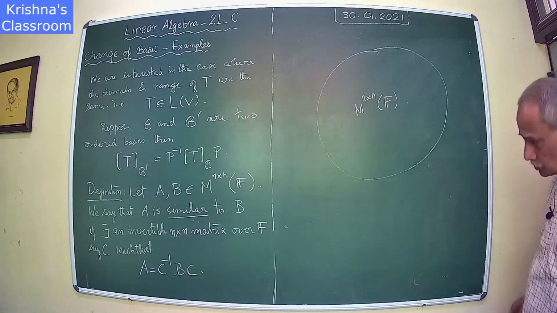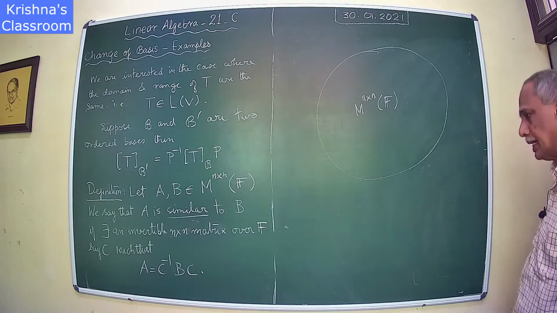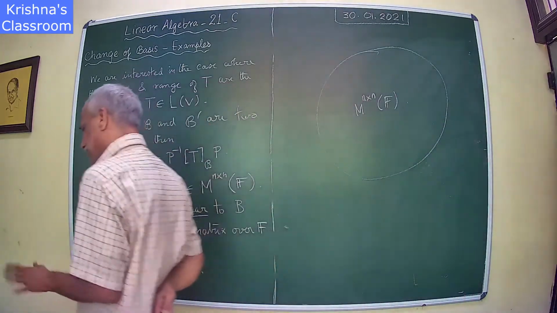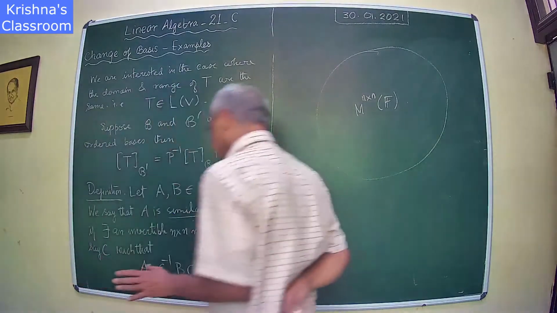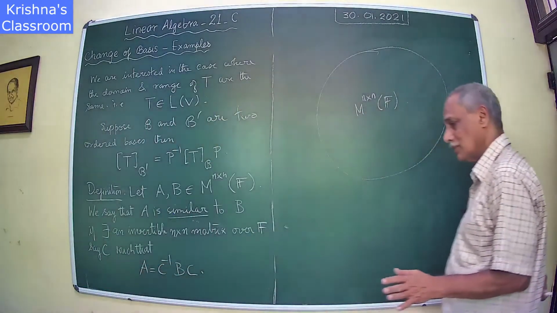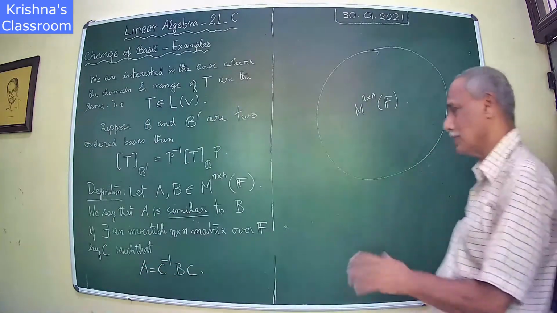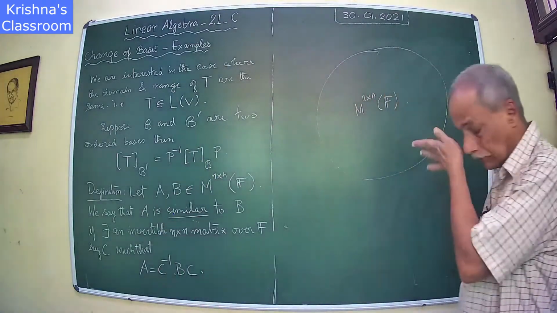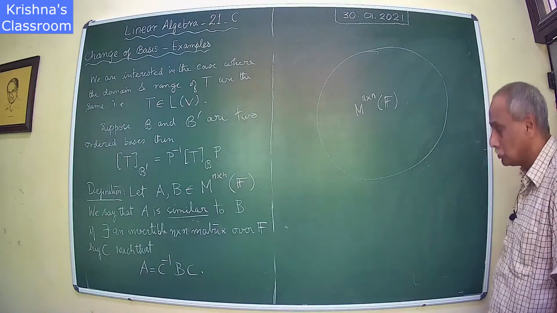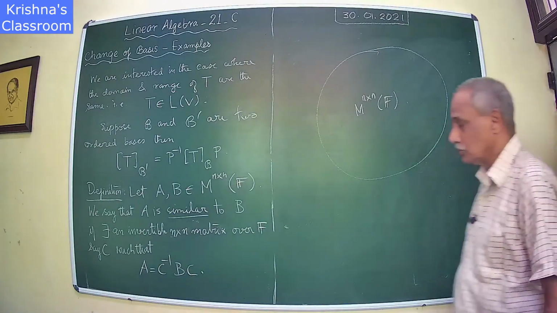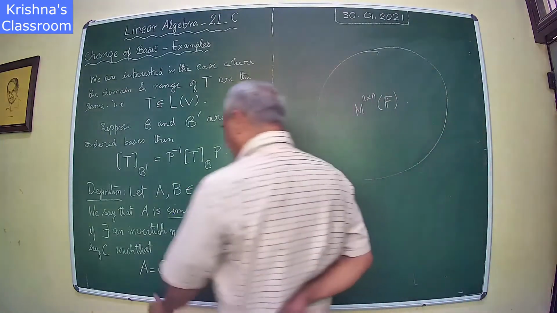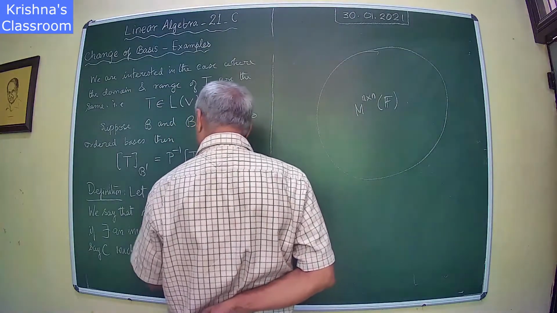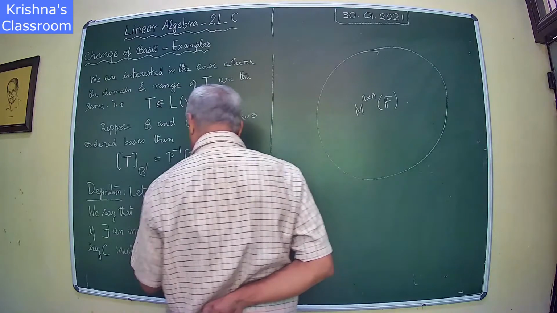Now the sort of question that you ask is, are all these matrices always related one to the other as we have prescribed? This is not true, because if A is invertible and B is not invertible, then you cannot have a relation of this kind, because C is always invertible.